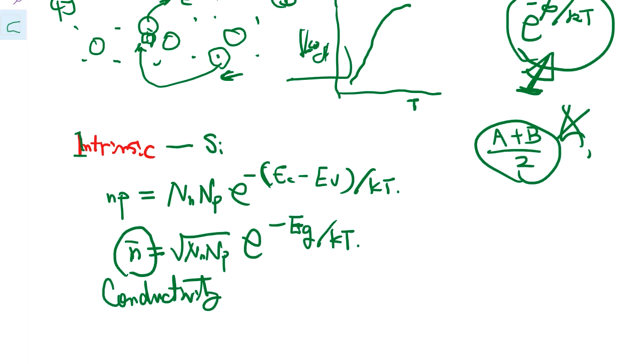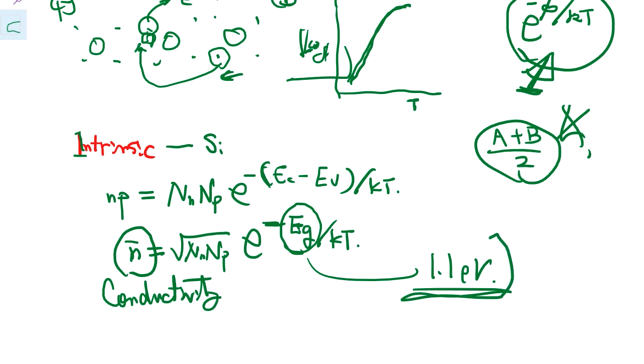So the temperature curve of the silicon and the conductivity become like that in log scale. And the important thing here is you have an energy gap. This energy gap in silicon is about 1.1 electron volt. And the carrier determines the conductivity of intrinsic silicon.